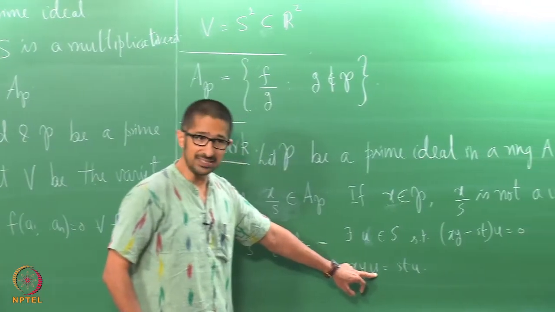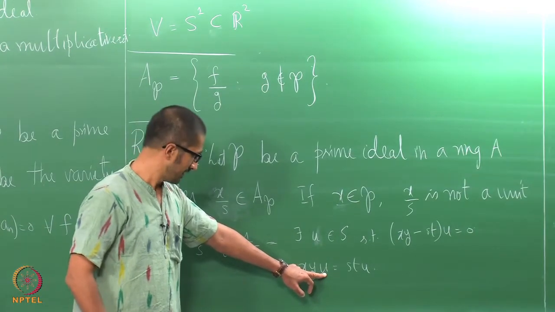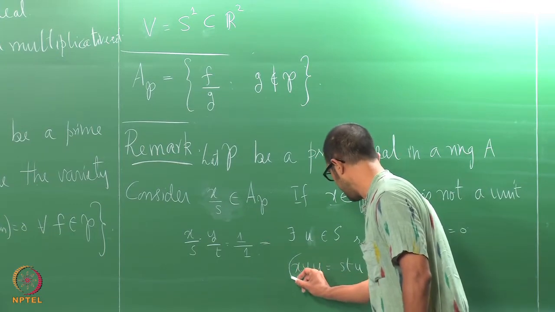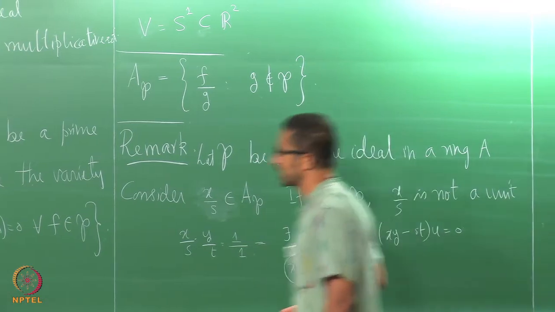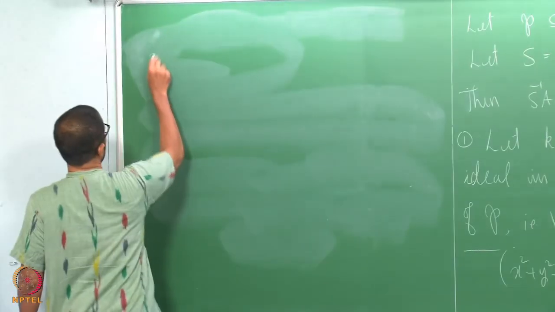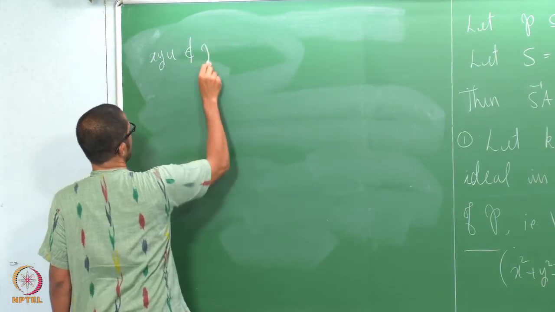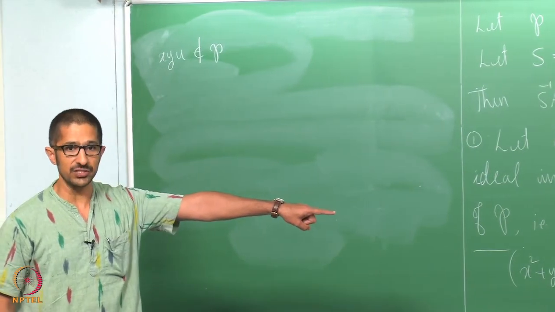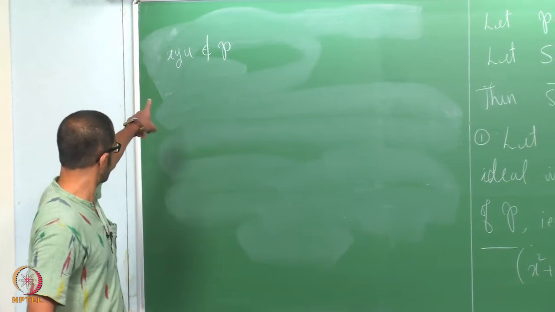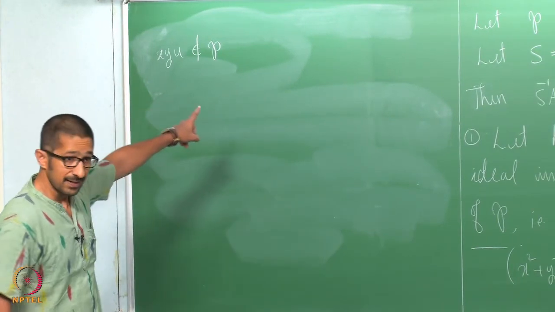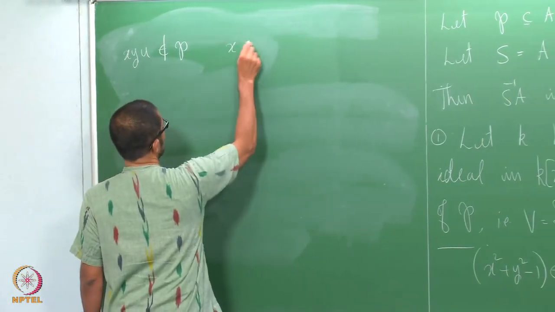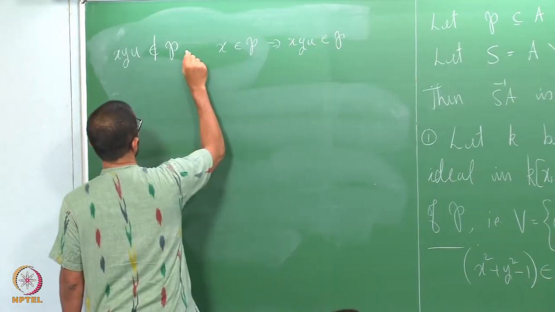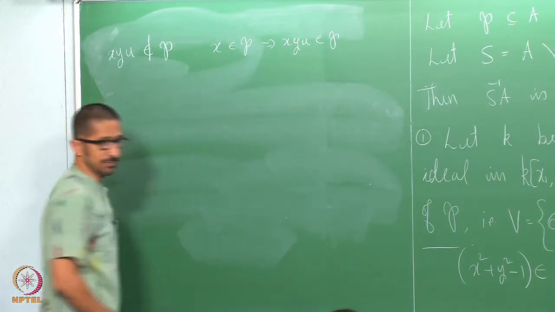Now, u is not in P. See this, this is an element xyu. xyu is not in P because it is in S, look at the right hand side, it is stu, all of them are in S. Therefore, this is not in P. But x is in P, and x belongs to P implies xyu has to be in P. So, this is one statement, this is another statement, contradiction.